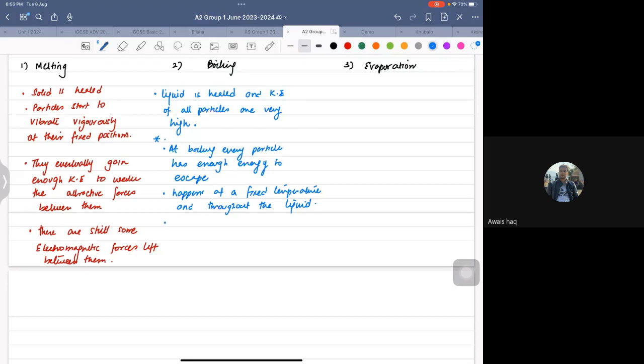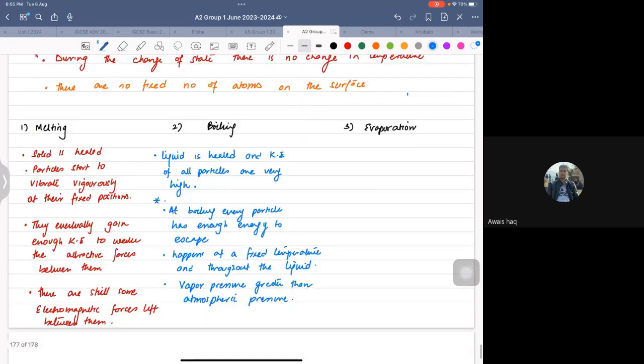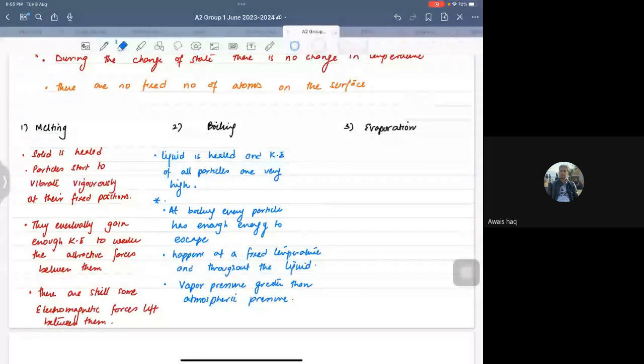Finally, remember that boiling happens when vapor pressure is greater than atmospheric pressure. Now, this is something very important to understand. Vapor pressure means that obviously this is the pot in which some liquid is boiling.